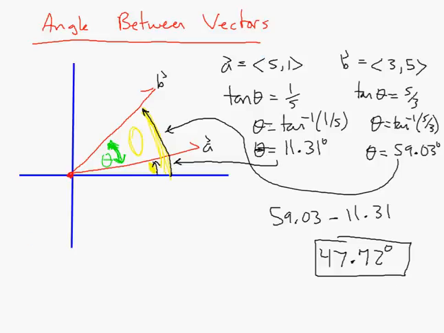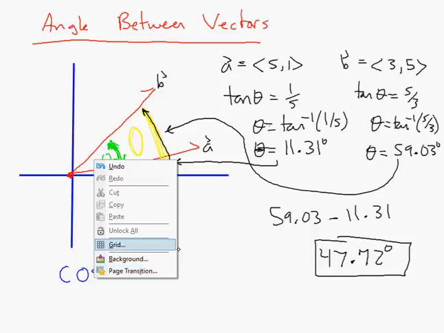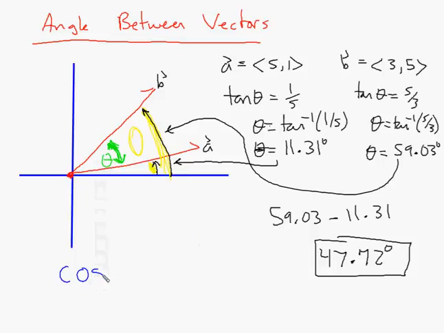Now, let me give you the formula that we can use. It's not necessarily intuitive. This is a straight up memorize. So if we want to quickly find the angle between two vectors, the cosine of the angle between them is going to be the first vector, we'll call it vector u, dot the second vector, all over the product of their magnitudes.